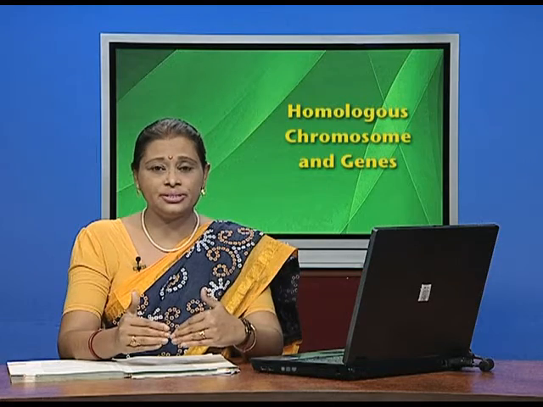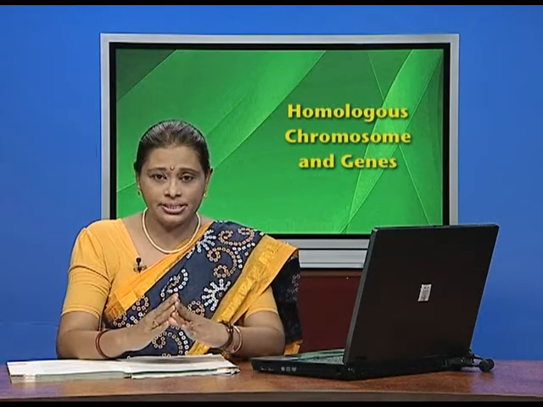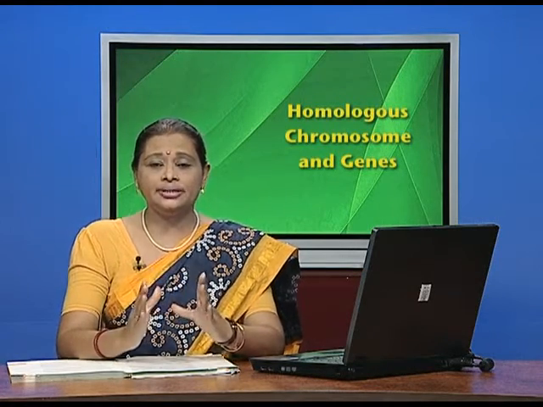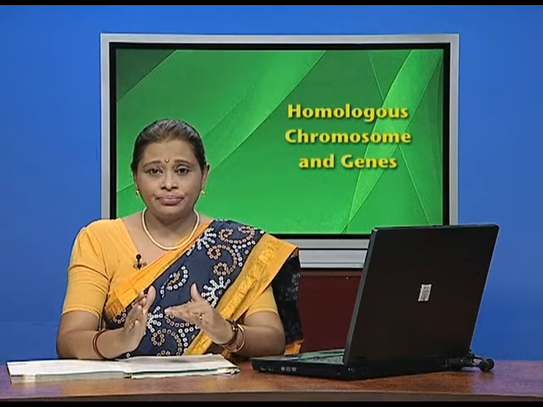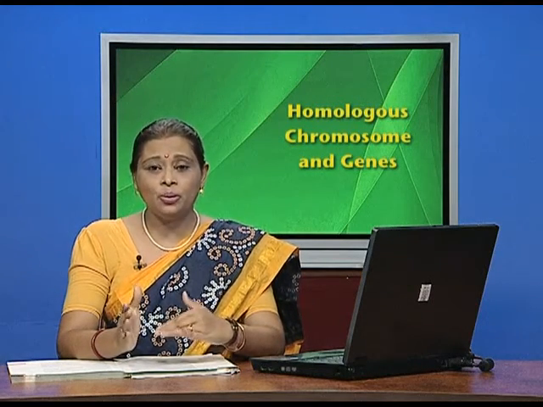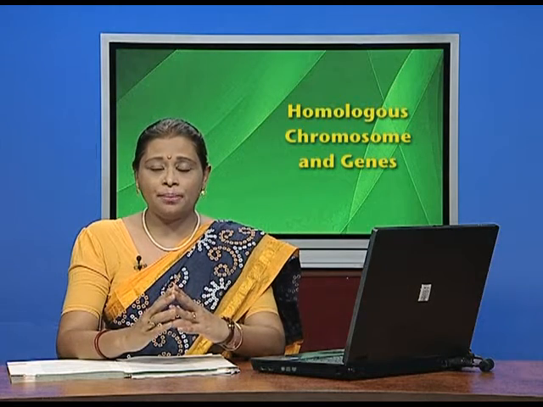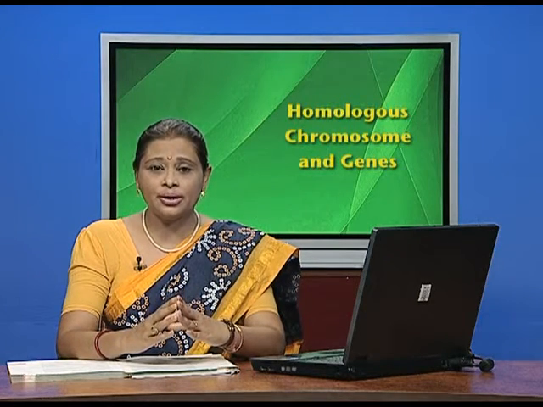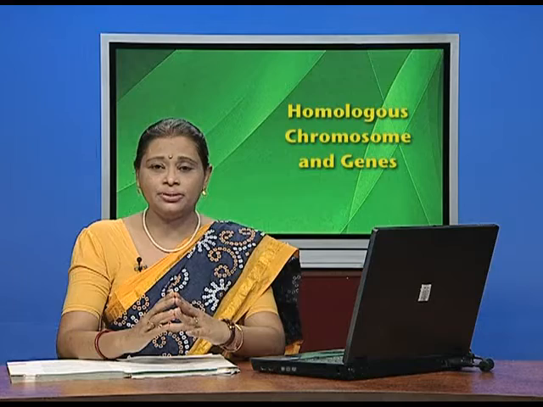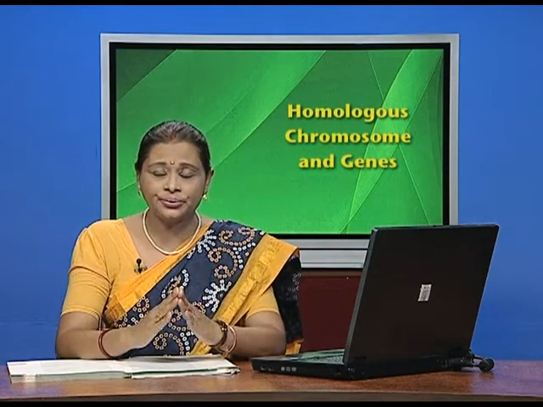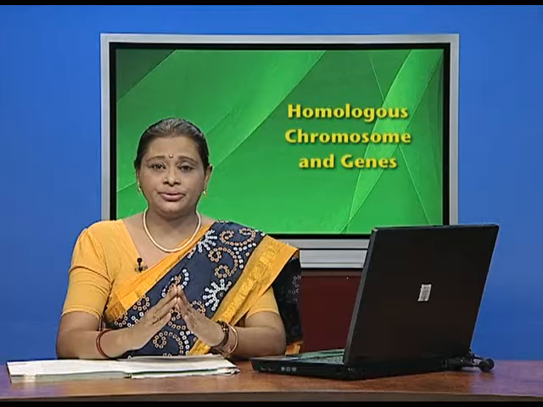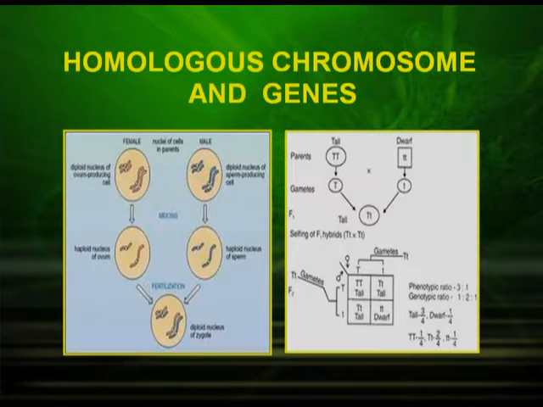But in the F1 generation, the two alleles are brought together, forming capital T and small t. In the same way, homologous chromosomes are paired in the diploid cell, but during gamete formation they separate, and again reunite during zygote formation. So, there is a close relation between the behavior of the chromosomes and the genes.